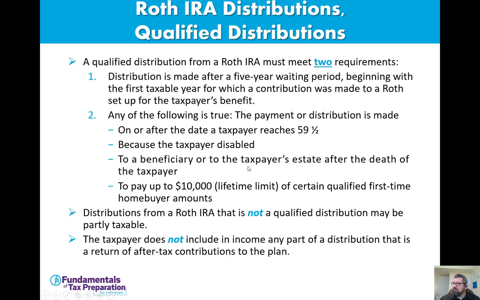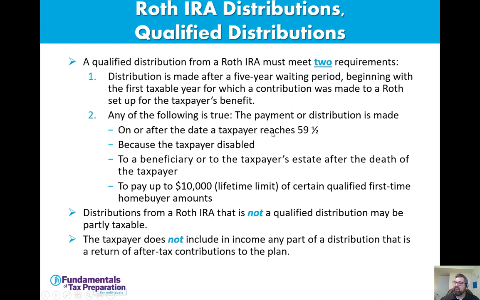So, a qualified distribution from a Roth IRA must meet two requirements. Distribution made after a 5-year waiting period, beginning of the first taxable year which contribution is made to the Roth IRA. And then the main thing is that you've reached 59 and a half. Okay.